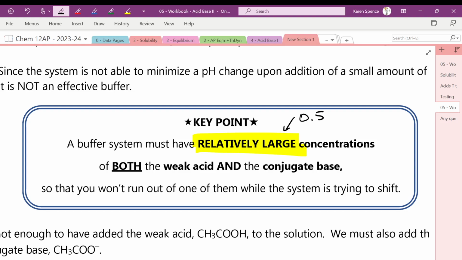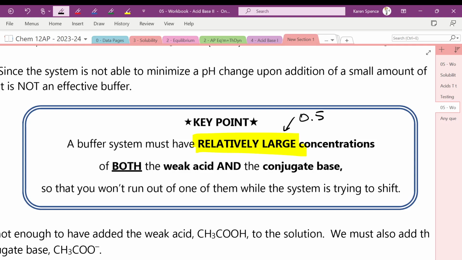Yes? Okay. And don't worry, you'll be asked questions like, which of these is the most effective buffer? And you'll be given one where the concentrations are smaller, and you'll say, no, it's not that one. And you'll be given one where the concentrations are bigger, and you will say, yes, it is that one. So you won't be asked to decide like, oh, is 0.5 big enough?